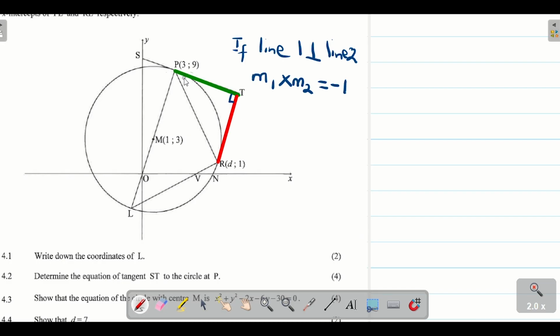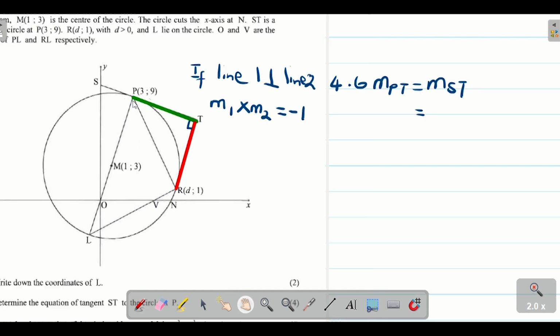So with line PT, we can easily find the gradient of line PT because the gradient of line PT is equal to the gradient of line ST. Because PT and ST are collinear.